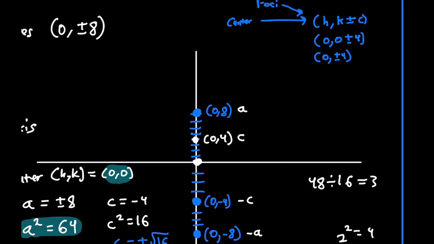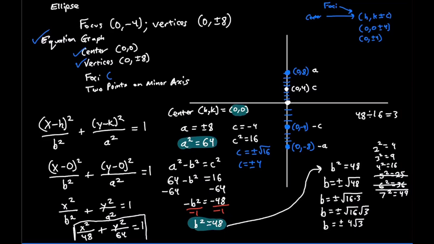So these are the two foci. And so that takes care of this one. And I'll just write that here. We found both of them. You could always write it twice, like you could say you have the 0 and the positive 4 and the 0 and the negative 4. That's fine too.